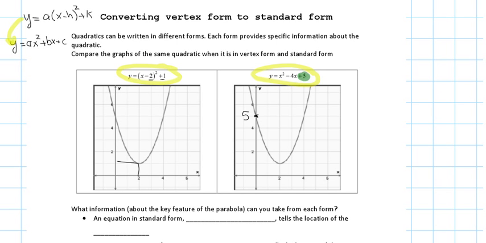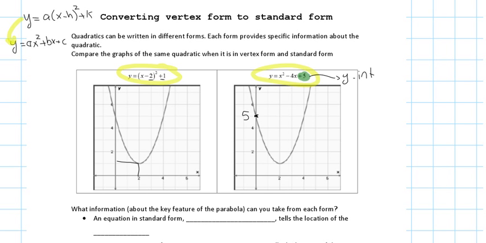The vertex form is good to tell you where your vertex is, the axis of symmetry, minimum value, maximum value, which direction it opens, the step pattern, all of these great things. Standard form is only good for the y-intercept.